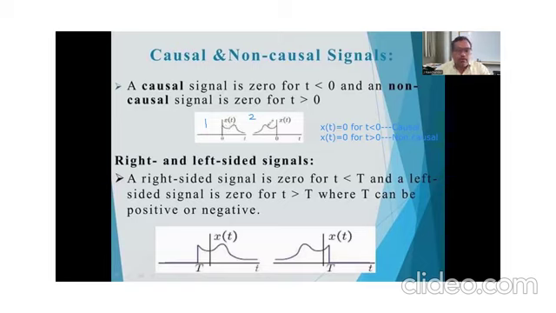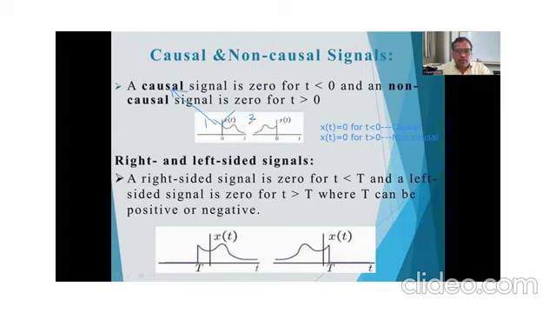Here, x of t exists only for the positive side of t. It does not exist for the negative side of t. Hence, it is a causal signal. The first signal is a causal signal. This is the example of a causal signal.